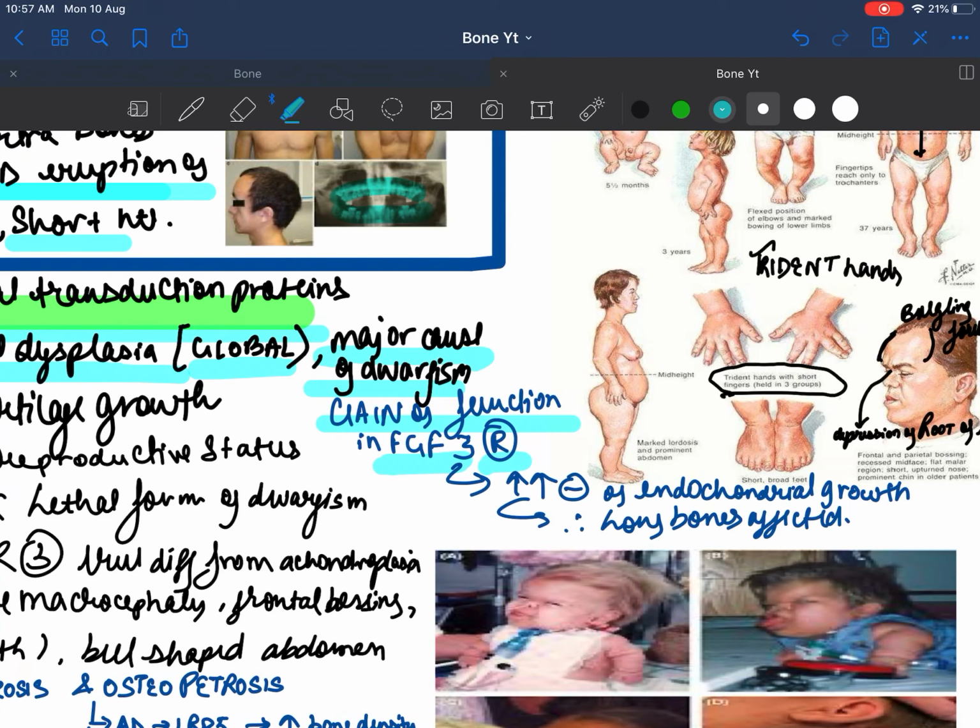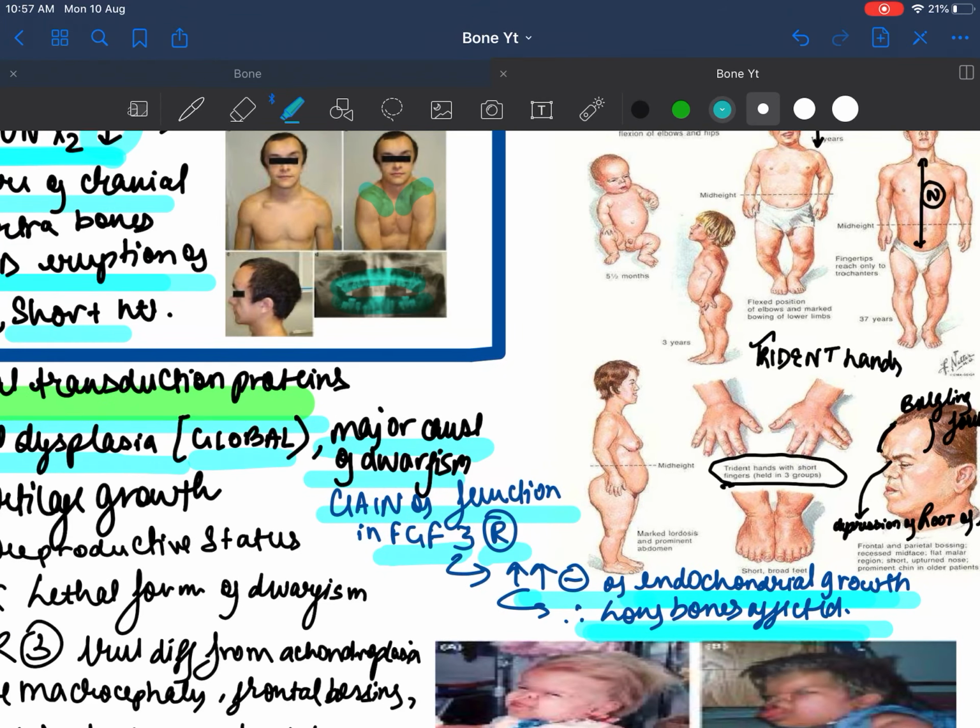So if there is a gain of function mutation, this receptor will be stimulated for chronic periods, and it will lead to increased inhibition of endochondral growth, which will basically affect the long bones. We have discussed that the flat bones are usually made by intramembranous ossification. But as only the endochondral growth is affected, only the long bones of the person will be affected.